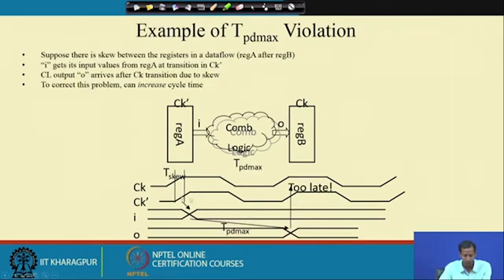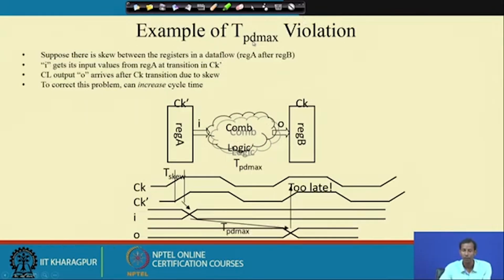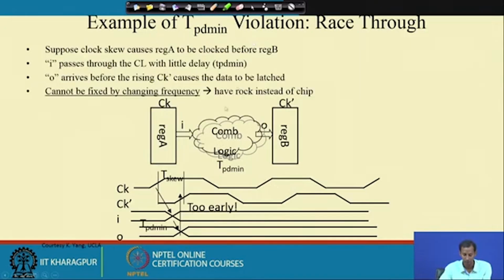Here, because of this skew the data is changing lately, but here you see there is a huge change from clock to clock bar. So, the data is changing very early. So, this is another TPD minimum violation, and this is TPD maximum violation. But here you see this input is dependent on the clock and this register B is dependent on the clock bar.